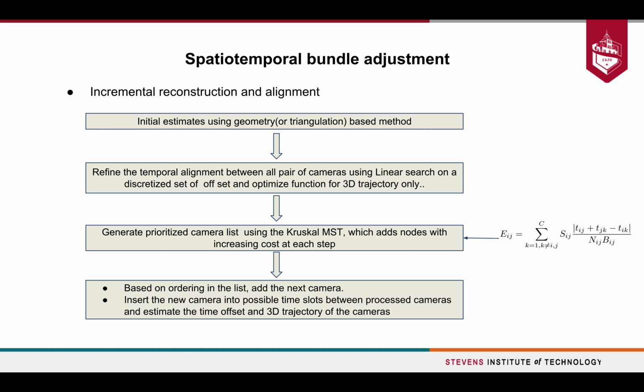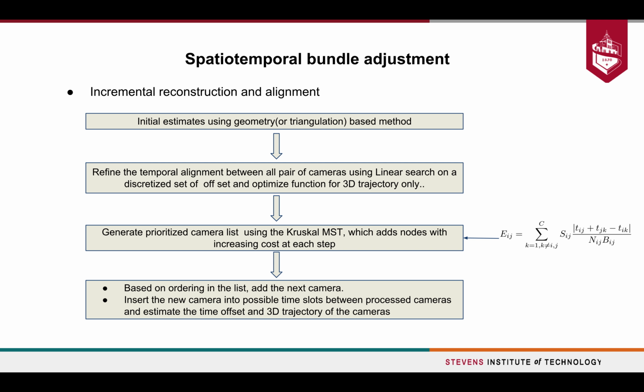They use a linear search on a discrete set of time offsets between these two cameras, and for each offset, they optimize the function only for the 3D trajectory, and choose the offset with the lowest cost, then keep this offset value.